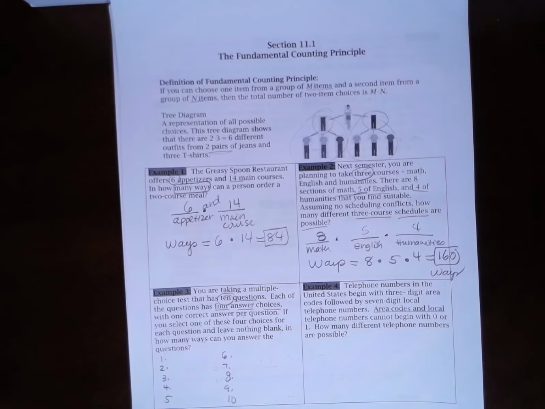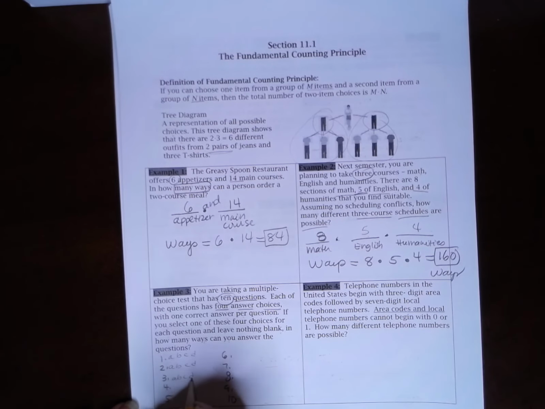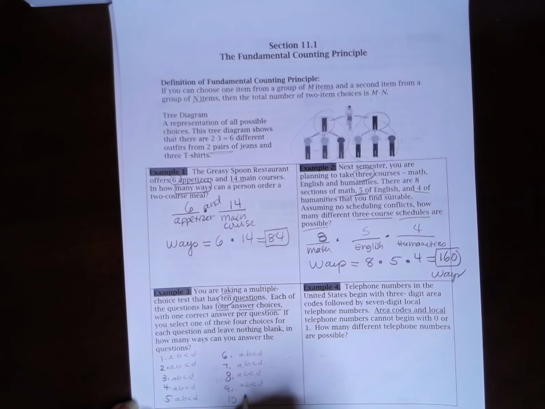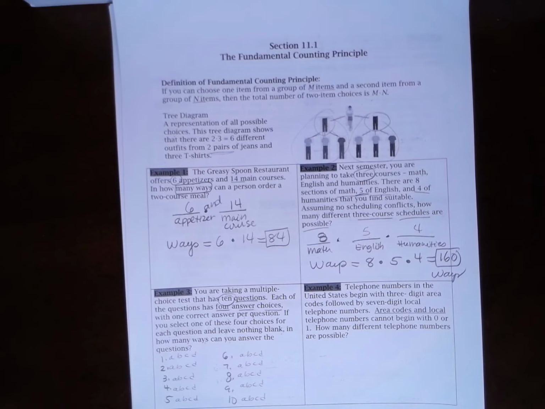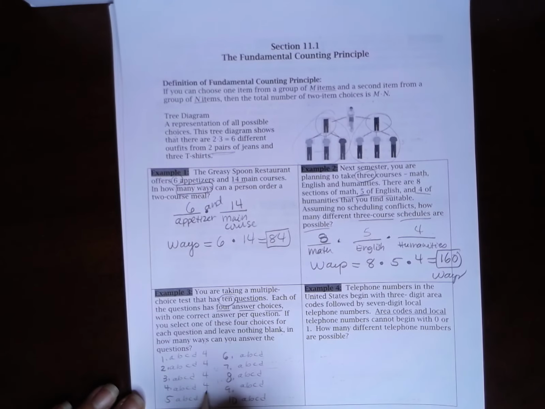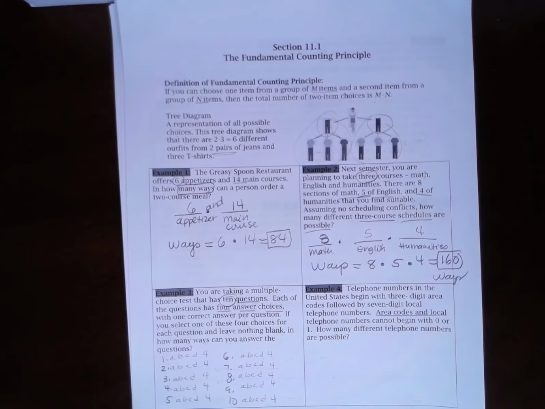These are the 10 questions, and each question has 4 answers: A, B, C, D. So you can choose one of those. Each question has 4 ways in which you can answer it.